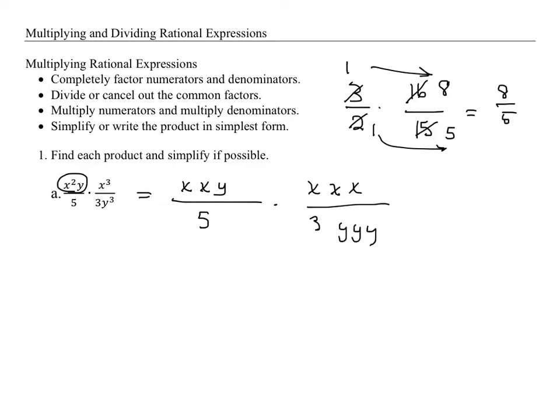Now the y's are going to divide out, but that's all that can divide out. So I have 1, 2, 3, 4, 5 x's, x to the 5th. 5 times 3 is 15. y to the 2nd. Done. That's one if they're all connected.